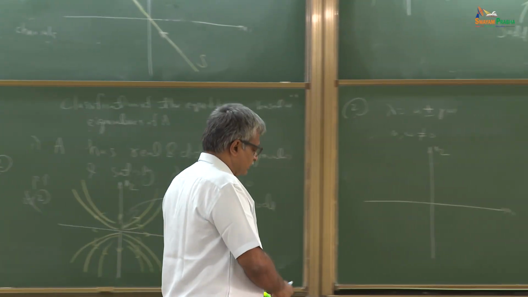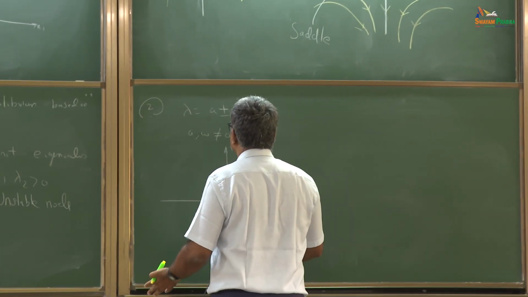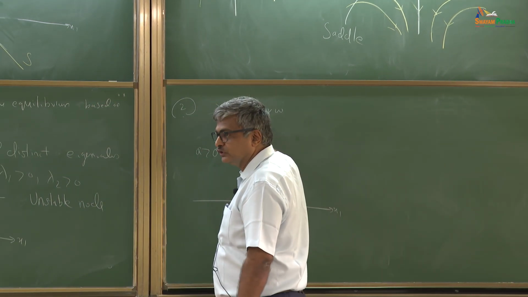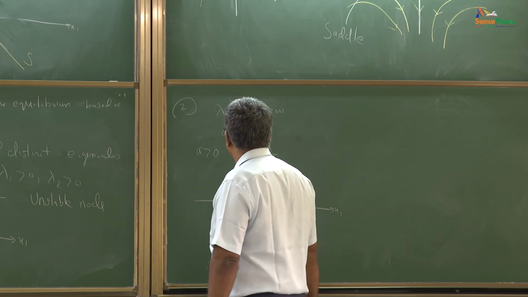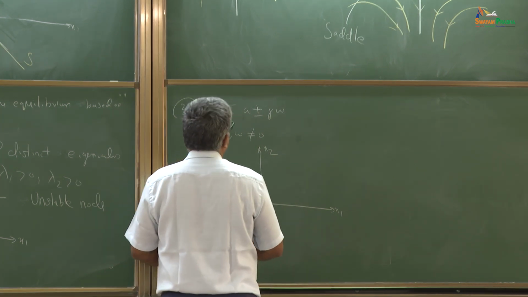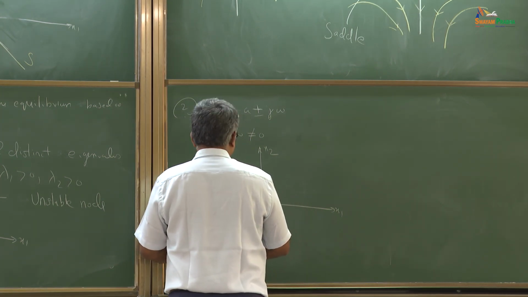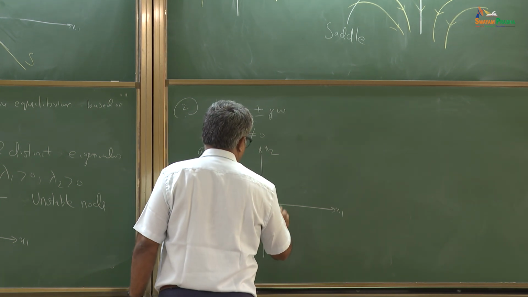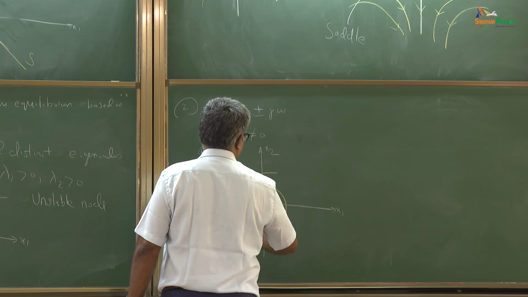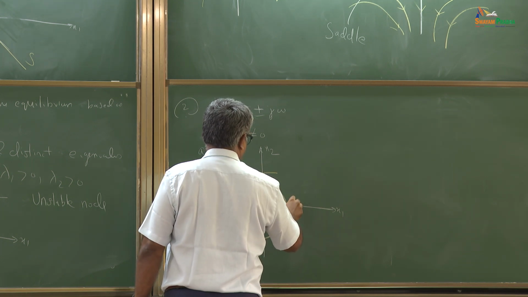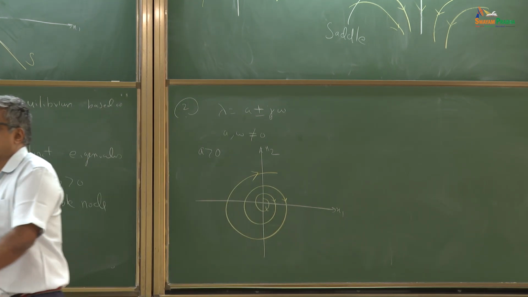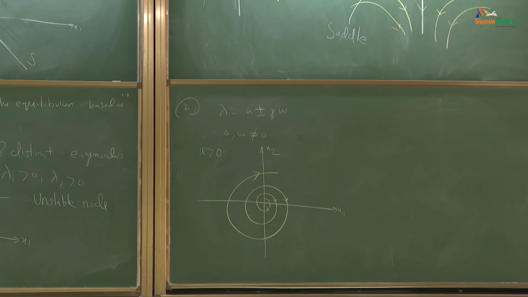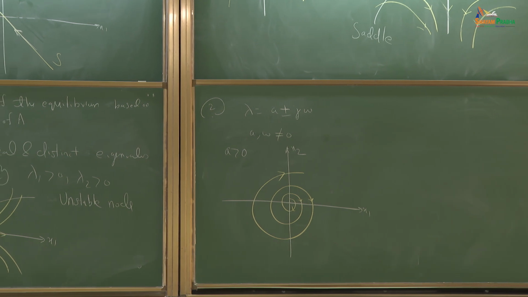Now, for the complex case, if a is positive, that means you have an eigenvalue with a positive non-zero real part. Then your trajectories will spiral out. You perturb it about that equilibrium point, the trajectories will spiral and escape out to infinity.